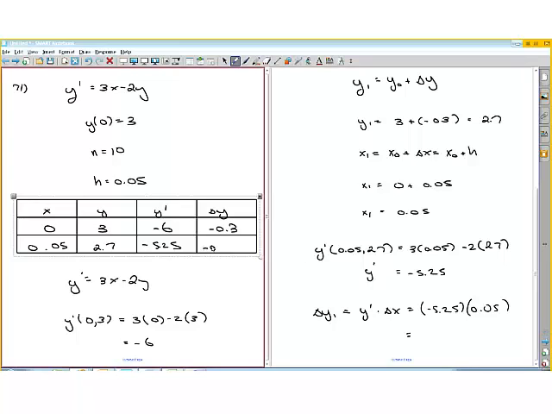And so delta y is -0.2625. So what you see is as x increases, y decreases initially. As these two change, y prime gets smaller, so the slope gets lower. It's still negative, but it's less negative. And the delta y becomes less negative because y prime is less negative. Okay, you can continue this on and you'll get some kind of solution.